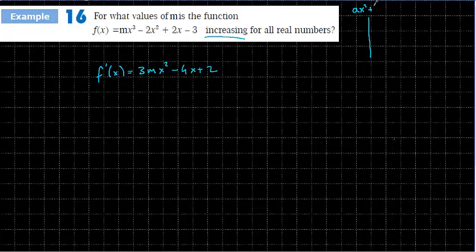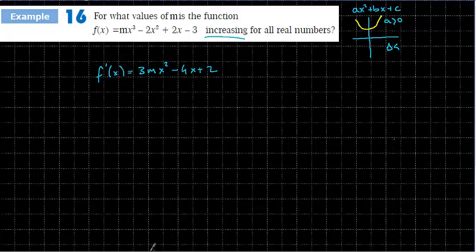For the function ax squared plus bx plus c, when we draw the graph, for it to be always positive, a must be greater than 0 and delta must be smaller than 0.